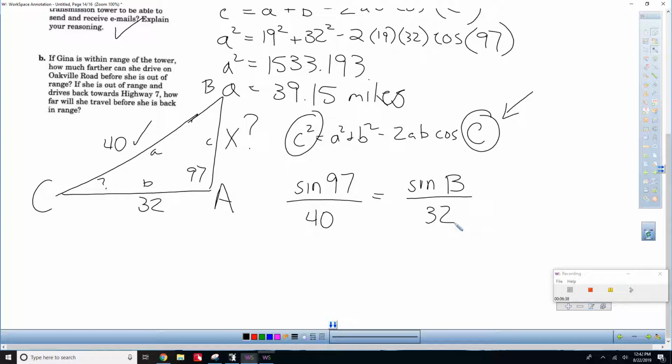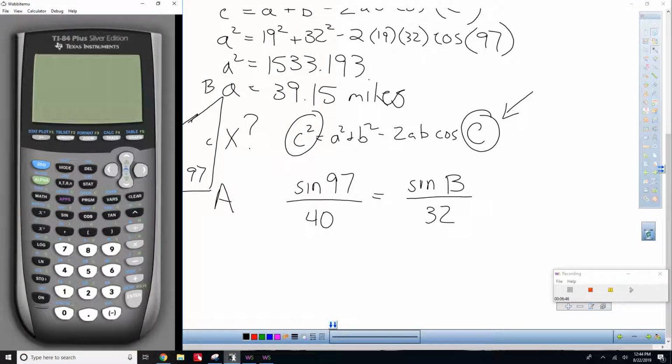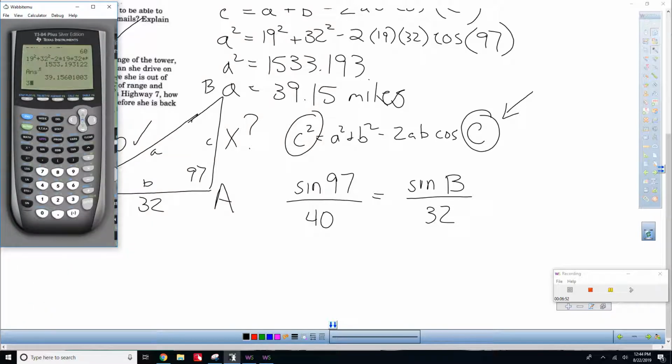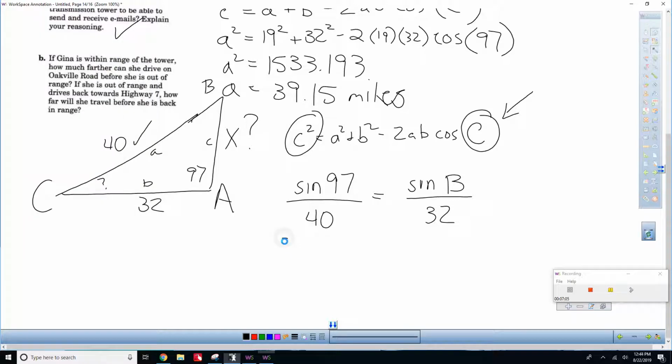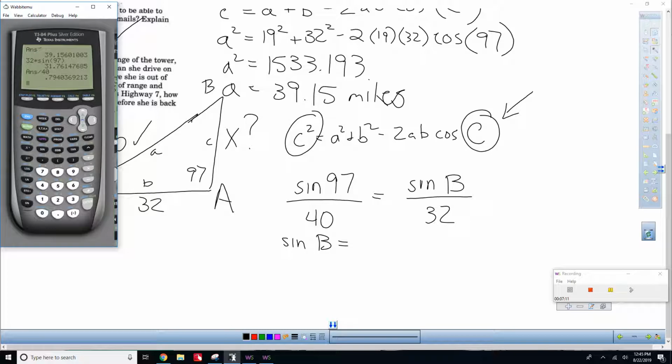Do a little cross multiply and divide. 32 times the sine of 97 divided by 40, and you get sine of B equals 0.7940.